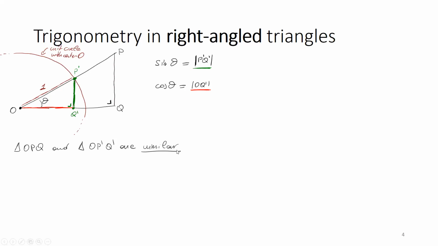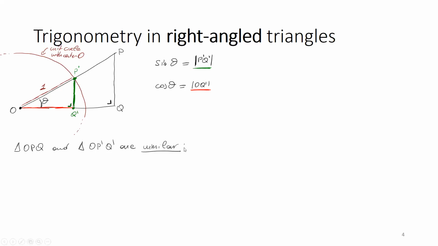Similar triangles are triangles that have the same angles, but differ because one is a blown up version of the other, or one is a shrunk version of the other. Here you can see very well that these two triangles, the small one and the big one, are similar because they share an angle here, that theta, and they both have a right angle. So all three of their angles are the same, and hence they are similar.